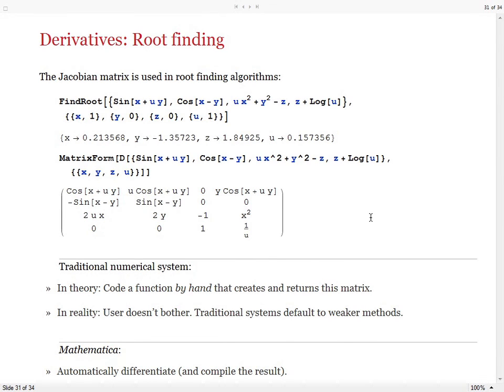Then you would pass that function, or a function pointer, along with your original objective function, into the root finding algorithm. That's the theory, but in practice, most of the time the user isn't going to bother going to those lengths, especially when they're in the early stage of developing or exploring new ideas.